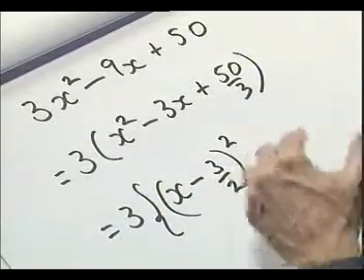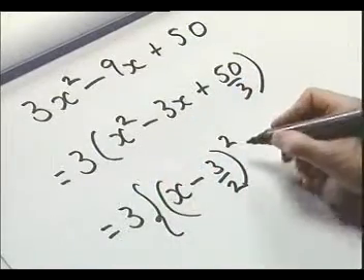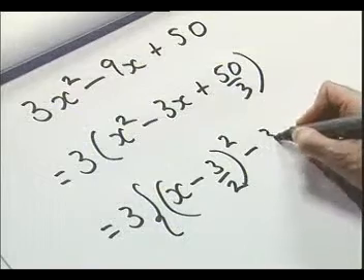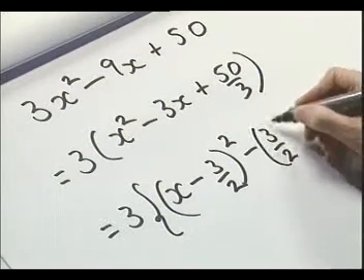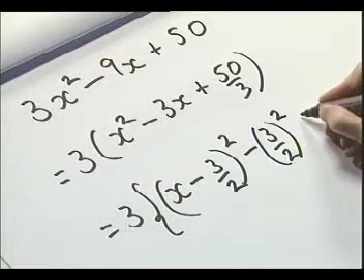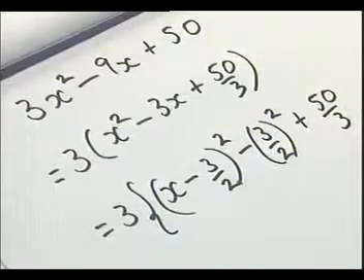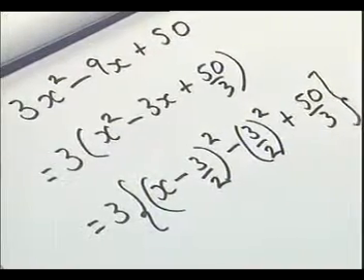By doing that, we've added on an additional a squared, so we need to take that off. 3 over 2 squared. And then finally, plus 50 over 3. And close the big bracket.